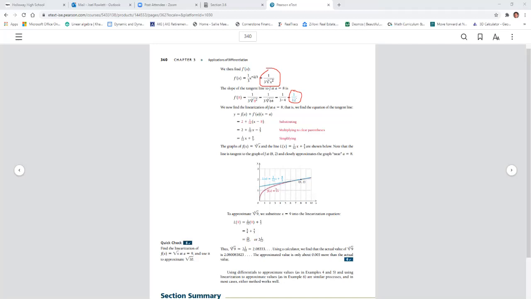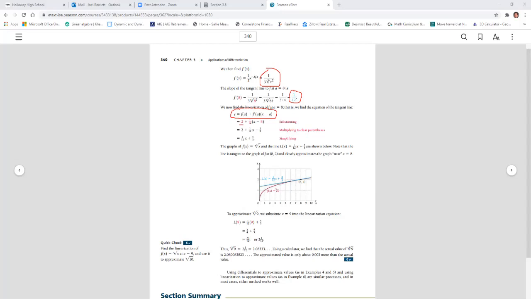And then we can just apply the formula. The formula says that y is equal to f of a plus f prime of a multiplied by x minus a. And we would just plug in our values. Again, f of 8 ended up being 2.